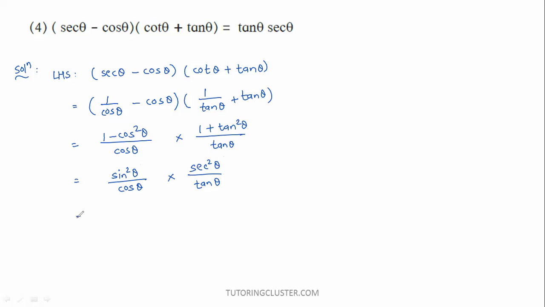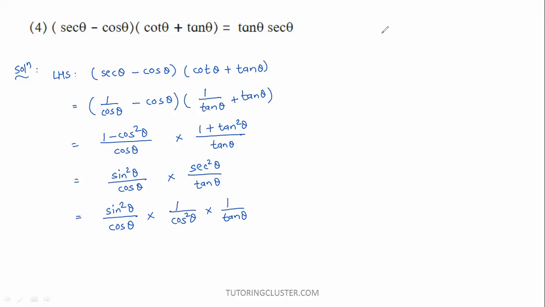Okay, so see how to do the adjustment. Now sin square theta divided by cos theta into, instead of sec square, can I write 1 upon cos square theta into 1 upon tan theta?